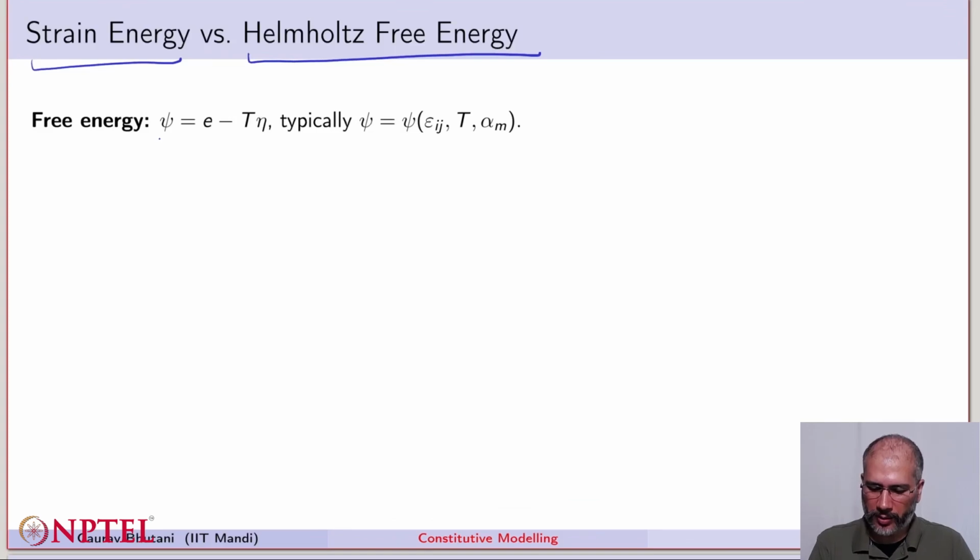So the free energy, or the Helmholtz free energy, is defined as the internal energy E minus T times entropy. And let us say our Helmholtz free energy is written in a very general sense. So it's a function of epsilon, T, and internal variables alpha.